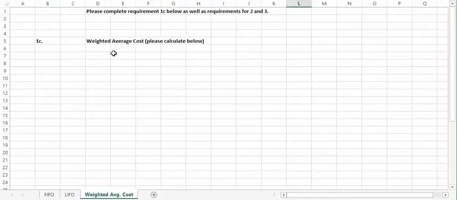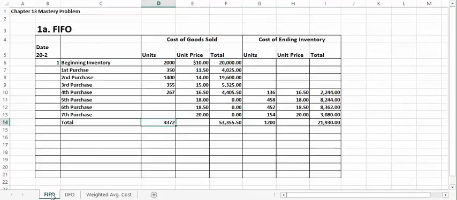And then for weighted average, this is basically where the math comes in. You have average cost per unit, so you would look at your information, you would add your cost of goods sold as well as your cost of ending inventory. So you would add these two numbers to get your average cost.